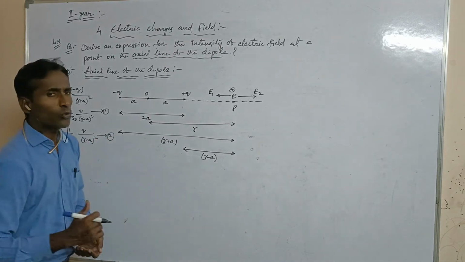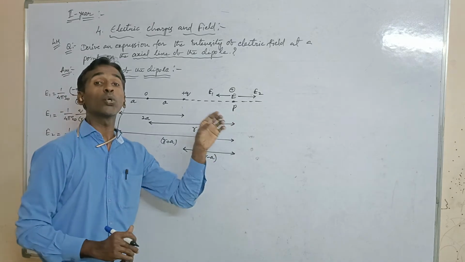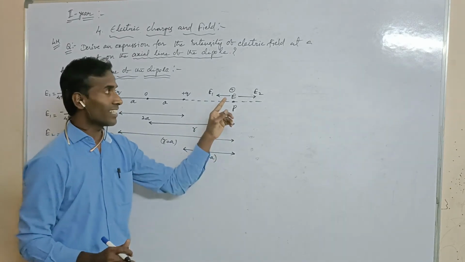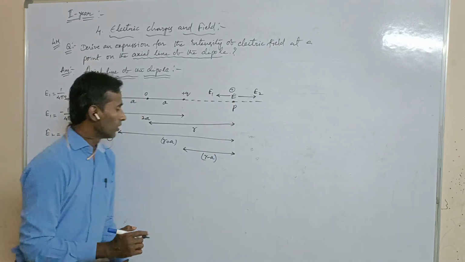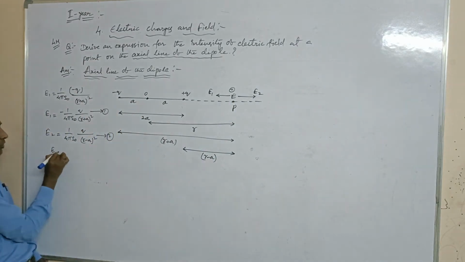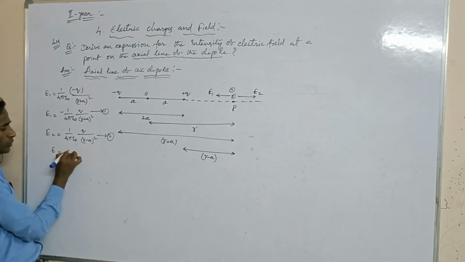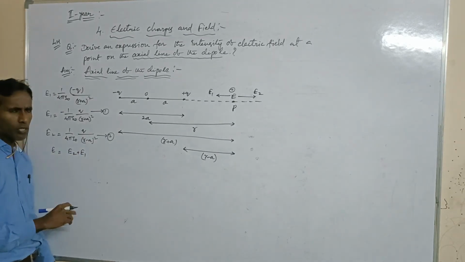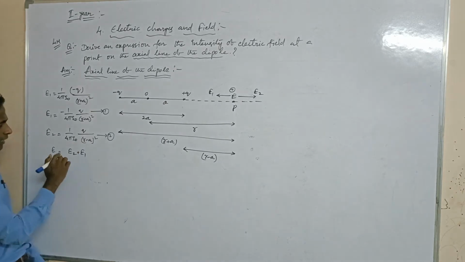Now, what we have to find? We have to find out the total intensity of electric field or resultant electric field at point P. So that is E is equal to E2 plus E1. E1 plus E2 is also possible, but we are taking here E2 plus E1.